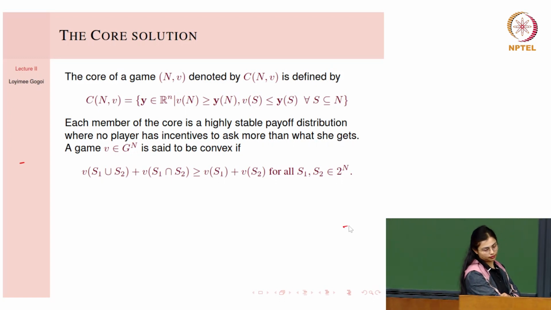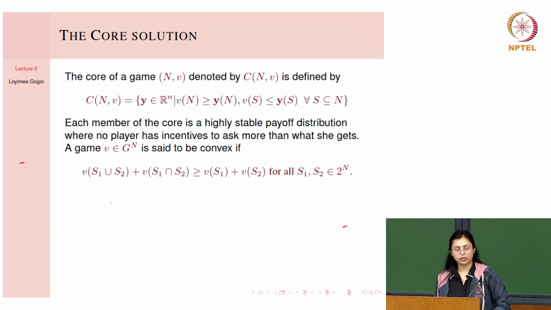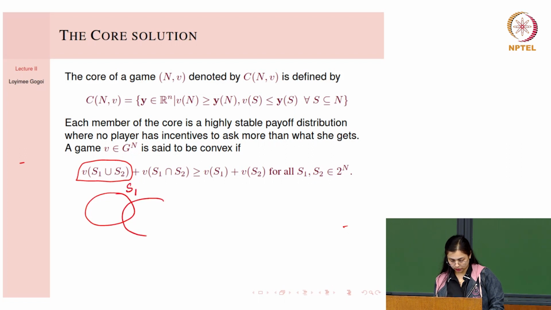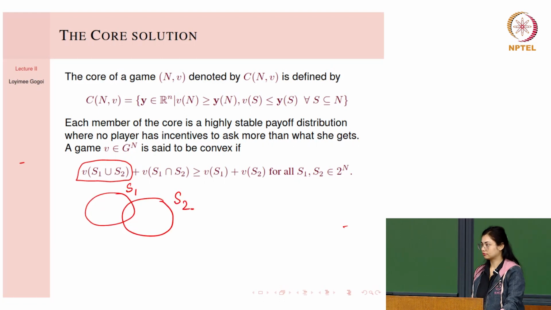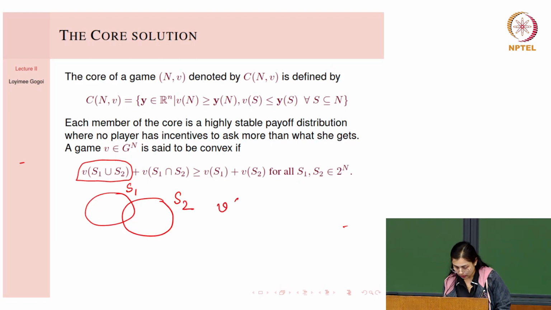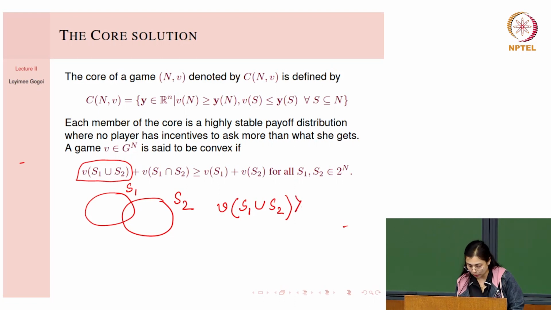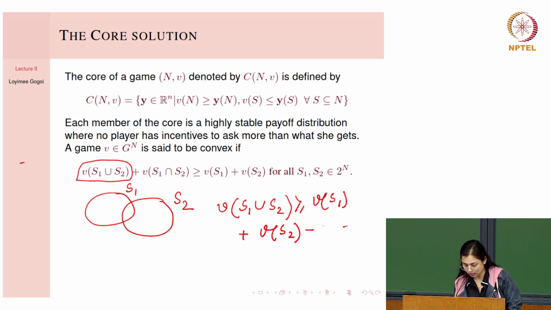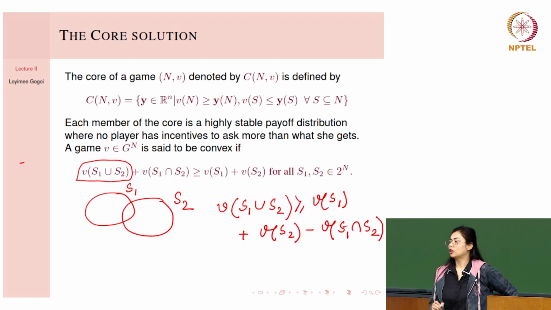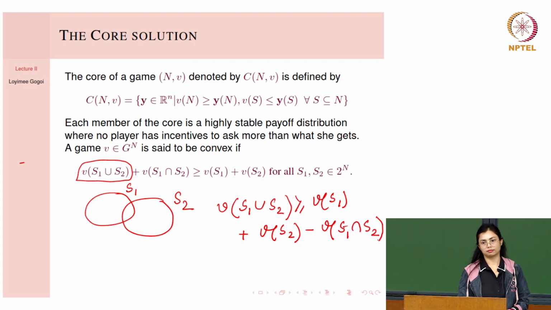We call a game convex when, if I have two different coalitions S1 and another coalition S2, together what they are generating should be greater than or equal to their individual worth minus the worth of those players who are common in these two groups. As I said, this is the intersection, right?